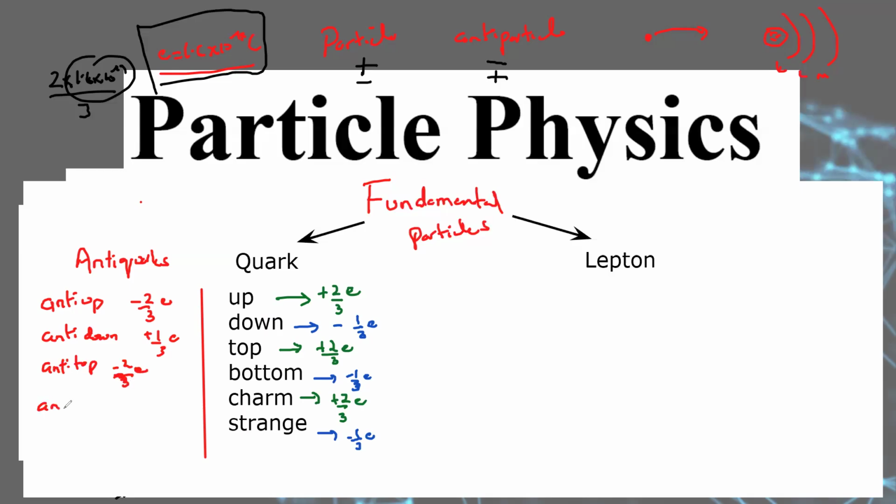Then anti-bottom, plus 1 by 3. Then anti-charm, minus 2 by 3e. And then anti-strange, which equals plus 1 by 3e.